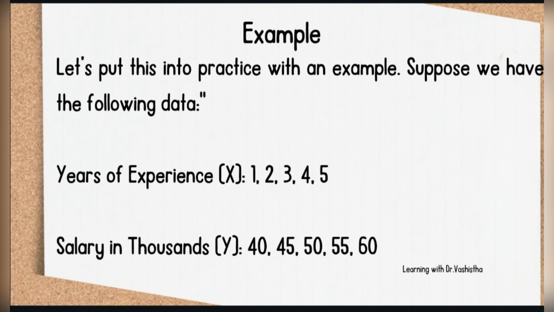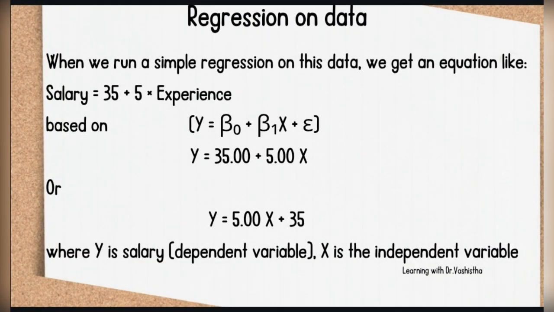Suppose there is a situation where we have taken certain data where years of experience is denoted as capital X, with a series of 1, 2, 3, 4 in continuity, and salary, taken in thousands, is denoted by Y, shown on the y-axis, taken as 40, 45 with a difference of 5 units. Now on this data we'll form our regression equation.